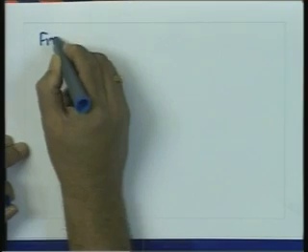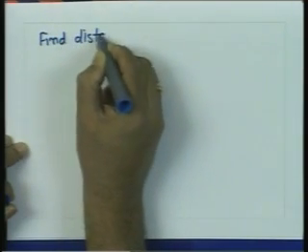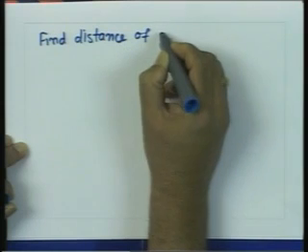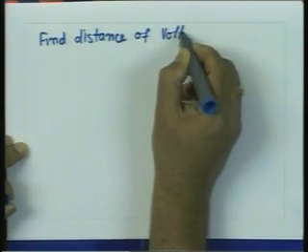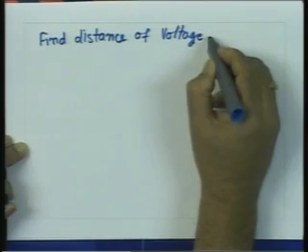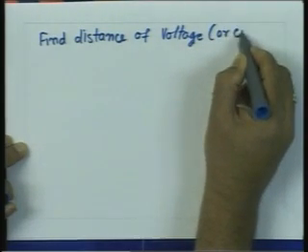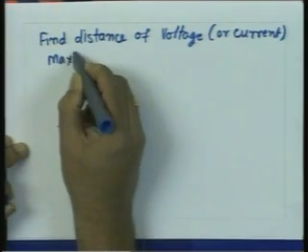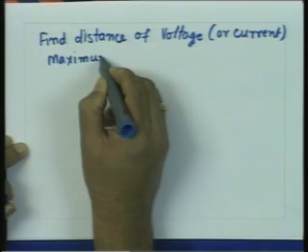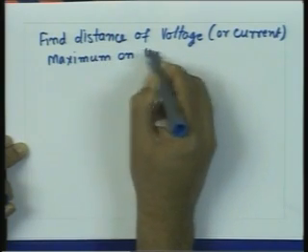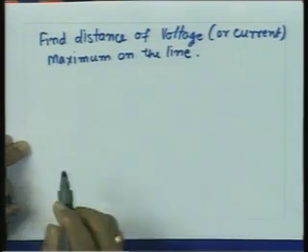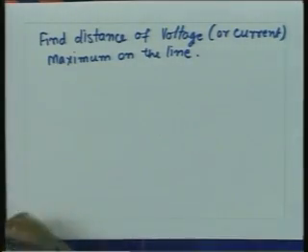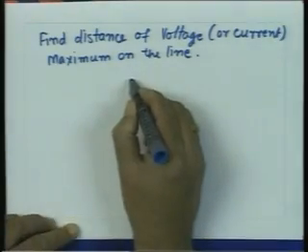So, as we did earlier, what we want to do now is find the distance of the voltage or current maximum on the line. Let us do the same thing. We take the Smith chart.